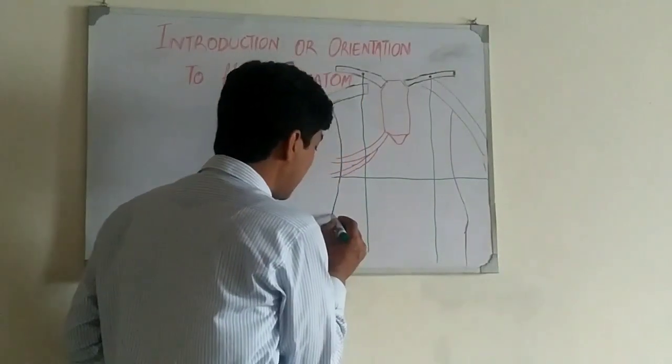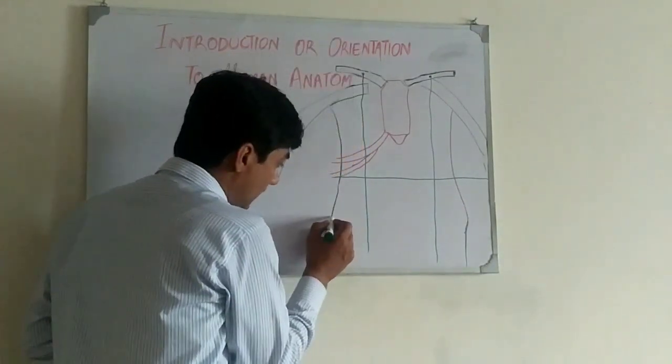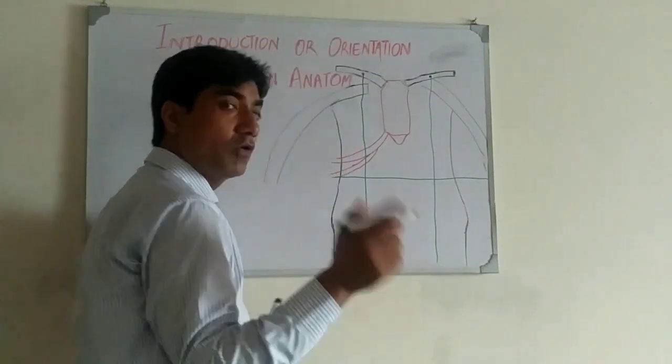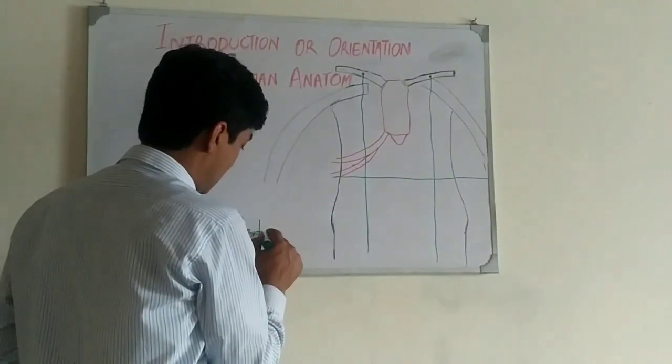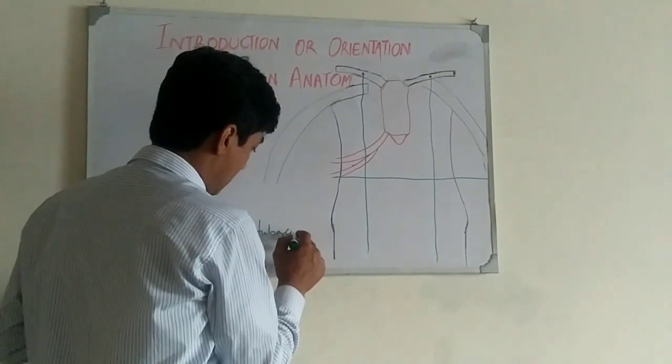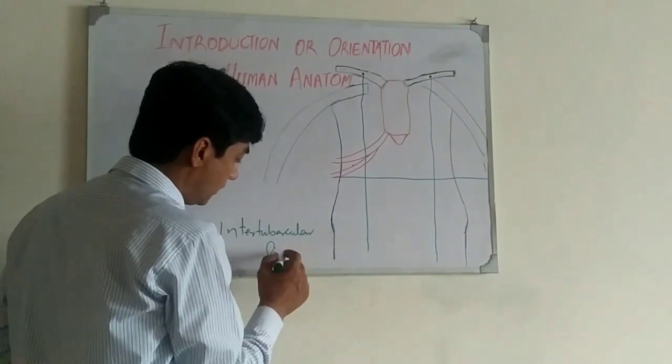So here is the anterior superior spine of the pelvic bone. This line is called the intertubercular line.